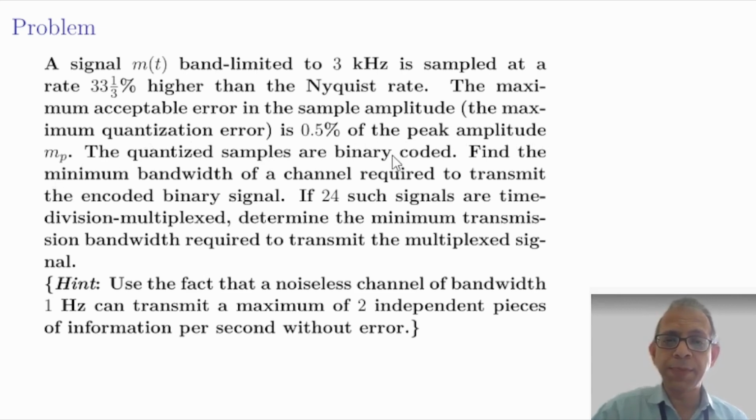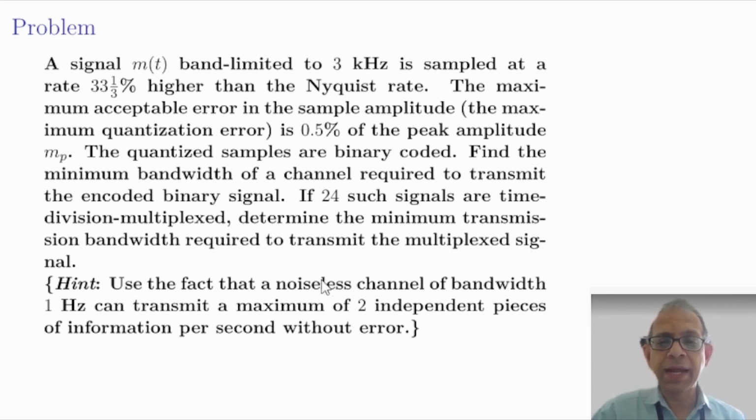The quantized samples are binary coded. Find the minimum bandwidth of a channel required to transmit the encoded binary signal. If 24 such signals are time division multiplexed, determine the minimum transmission bandwidth required to transmit the multiplexed signal.